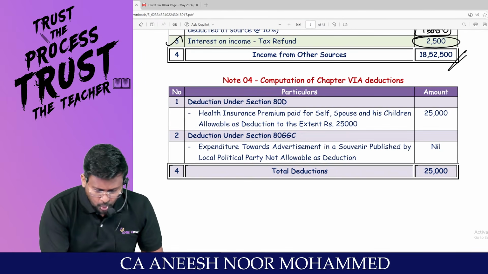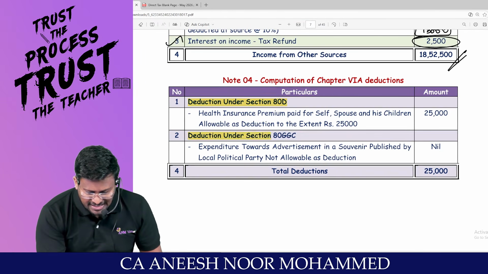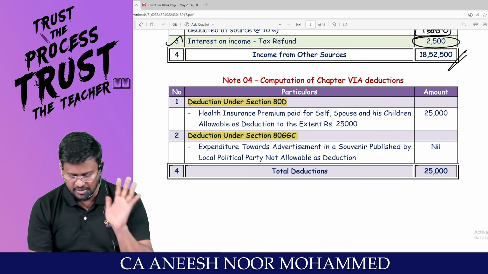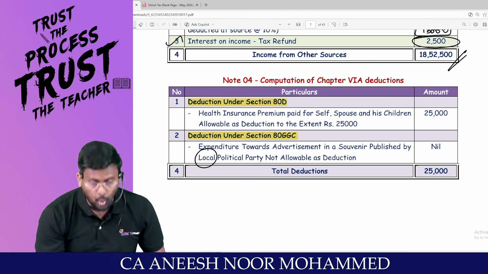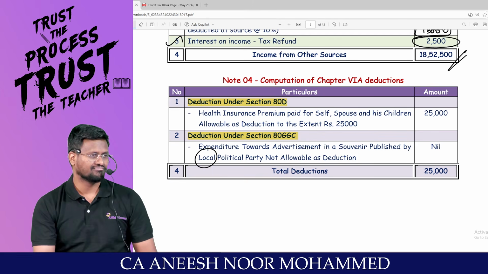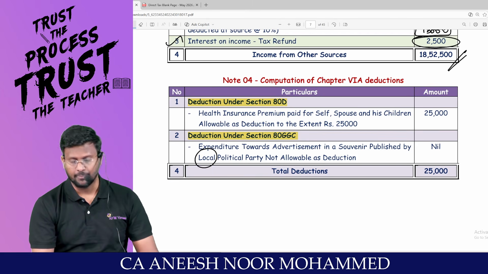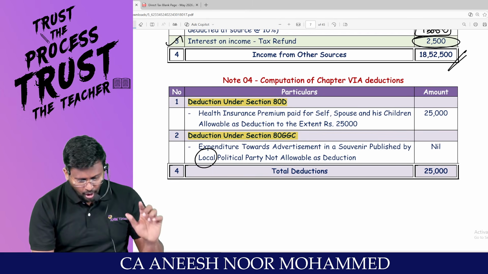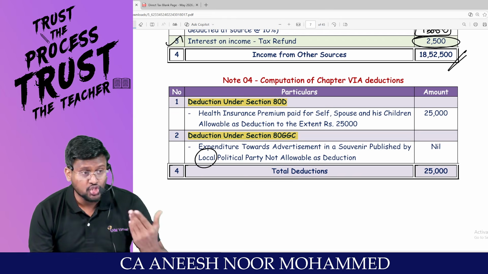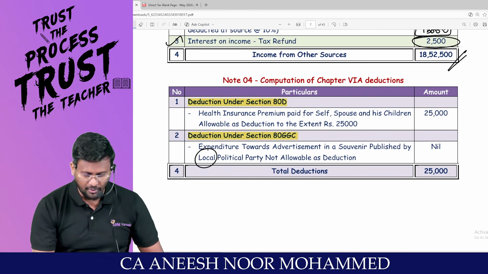In the question, two things are there. 80D is there. 80GGC is there. 80GGC cannot be claimed as a deduction because it is to a local political party. If you don't read the question properly, this point will be missed. Local political party. In order to attract you, they will say that the amount has been paid by cheque and all. Don't miss the word local.